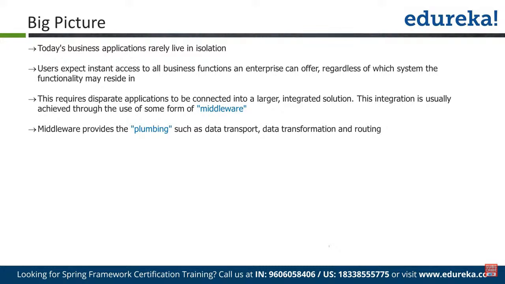If application 1 is created on a Java stack, application 2 in Microsoft, application 3 in some older technologies or languages, C, C Sharp, C++, how are we going to interact with those applications? In those scenarios, we have middleware, which is independent of technology. Whichever technology you are using, it is independent of it.